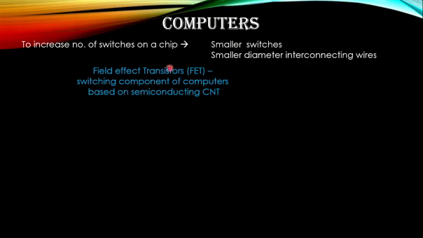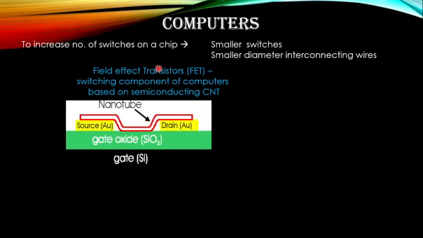It can act as a switch if it performs as a field effect transistor. We discussed, while discussing the electrical property of carbon nanotube, that carbon nanotube can conduct or can be made as a switch. It can be controlled when it works as a field effect transistor.